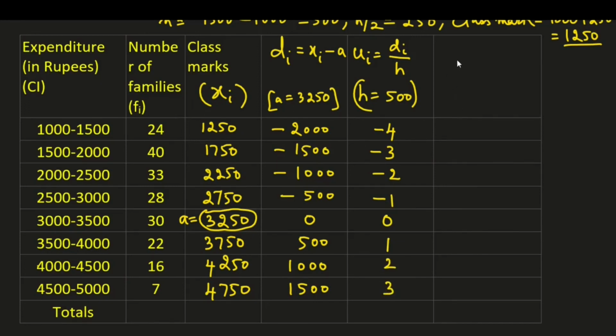Now let us find the product fi ui values. fi is the frequency, ui is the step deviation here.